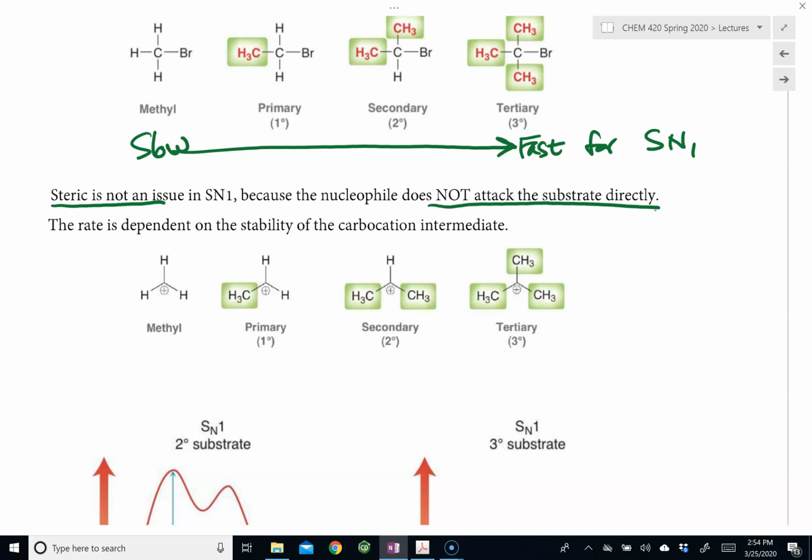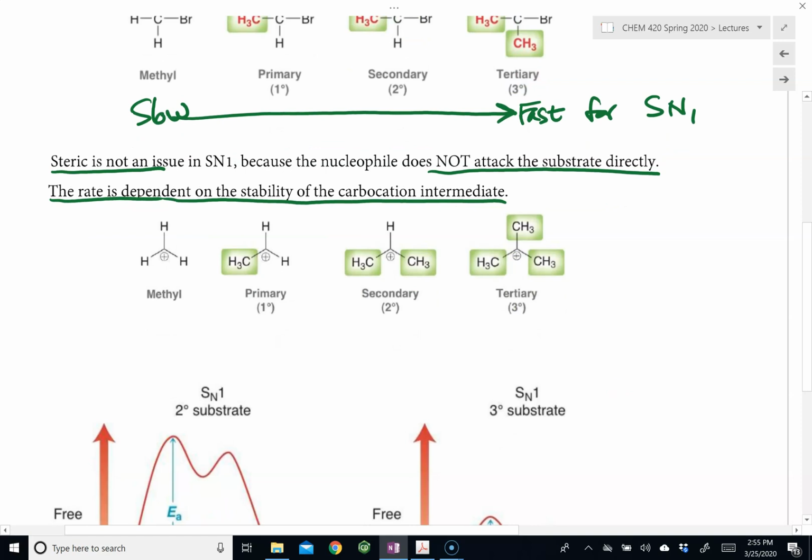Once the carbocation is formed already, it does not matter whether it is primary, secondary, or tertiary, the nucleophile can come in and attack the carbocation very easily. So the nucleophilic attack does not matter at all. But what's important is the step that gives rise to the formation of the carbocation. So the rate is dependent on the stability of the carbocation intermediate.